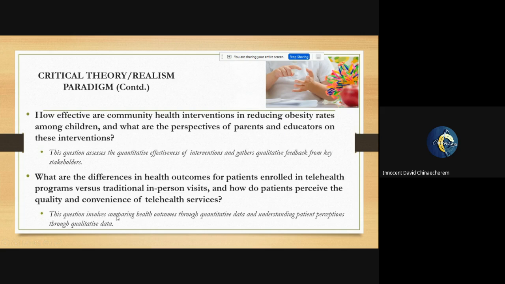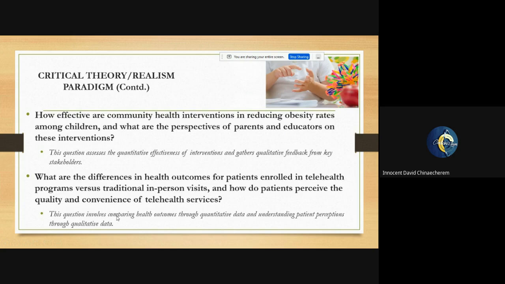Now, don't worry, by the next section we're going to look at how to formulate our research question using diverse frameworks. We have a lot of frameworks: the SPIDER, the PEO, the PICO framework, and the PCC framework.